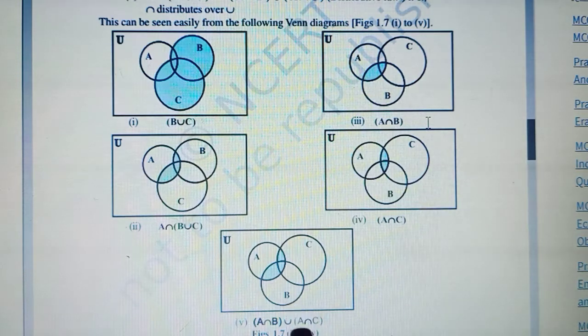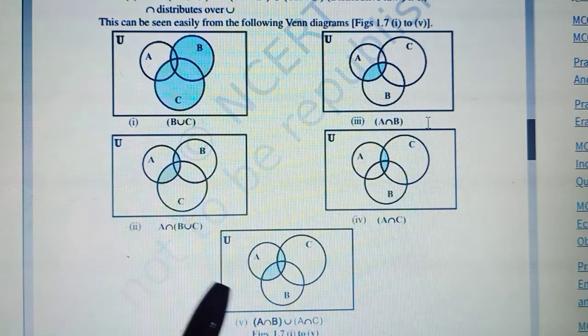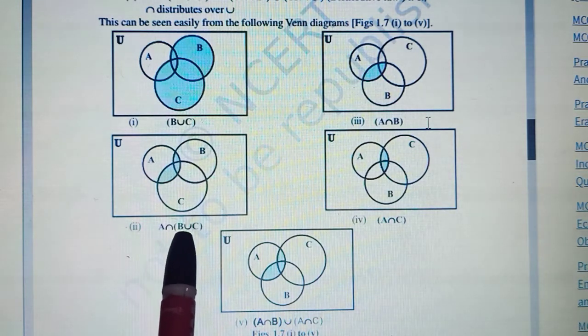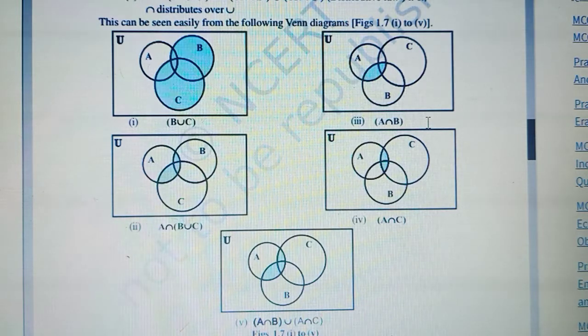And then they were verifying the distributive law. That is what they are trying to do here. You have worked out A intersection (B union C), which we got the shading as this.